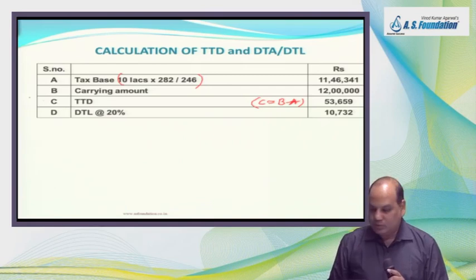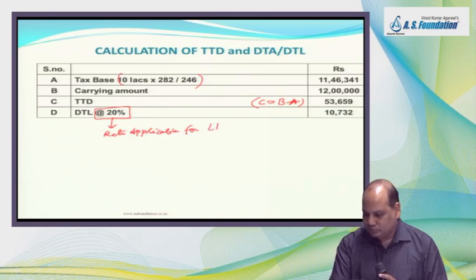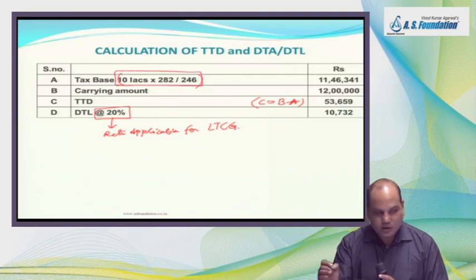DTL is 20%. This rate will be the rate applicable for long-term capital gain, LTCG, because you are using indexation, which means it is a long-term capital gain.